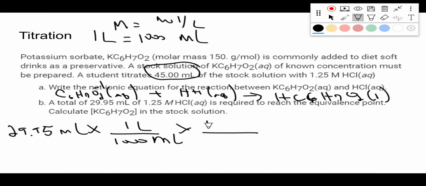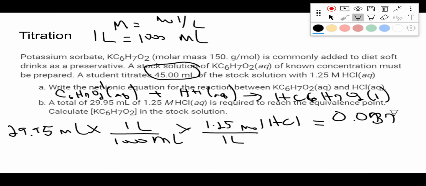And so I can write this as 1.25 moles over 1 liter. And at this point, I really do need to include what my substance is so that I don't get confused as I'm doing my problems. I take the 29.95, divide by 1,000, and then multiply by the 1.25. When I work that out, that is going to give me 0.03744, and this is going to be moles of HCl.